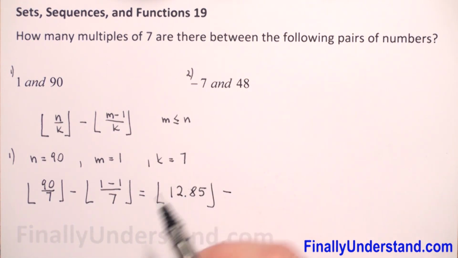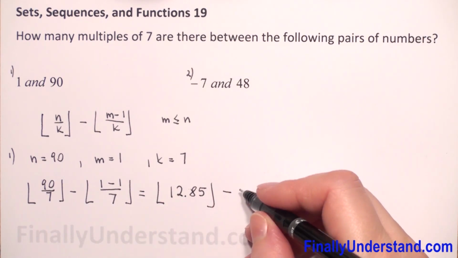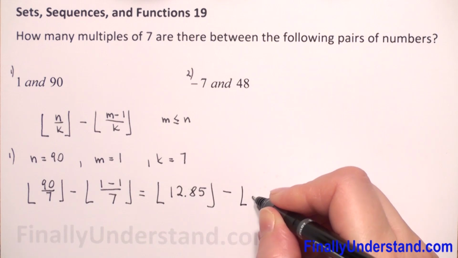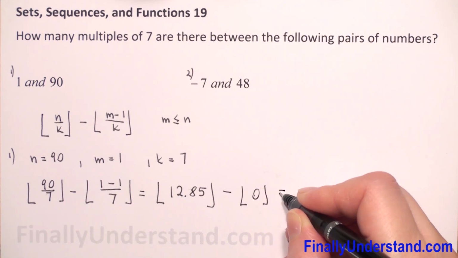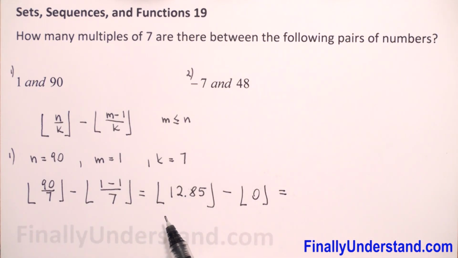And we have minus floor of 0 over 7, which is 0. Floor of 0 we have. Next, let me remind you what floor of a number means. Floor of a number is the largest integer less than or equal to this number.